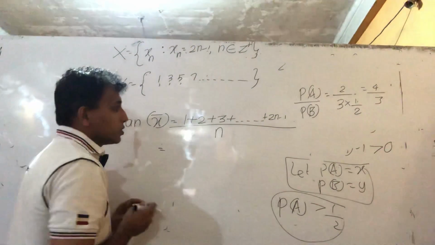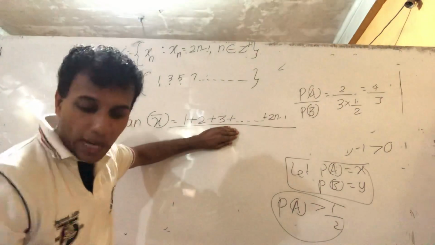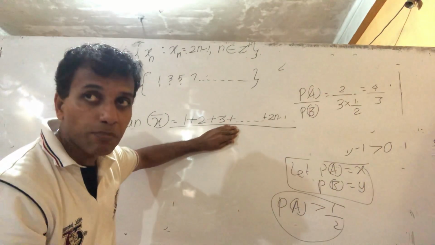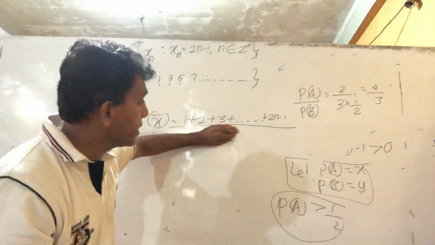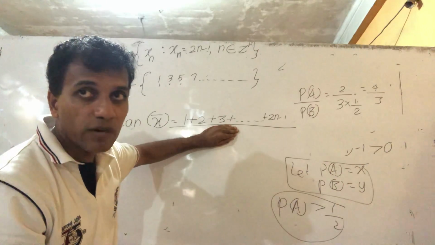So you know how to find the sum of n numbers formula for an arithmetic series: S_n equals n by 2 times a plus l.